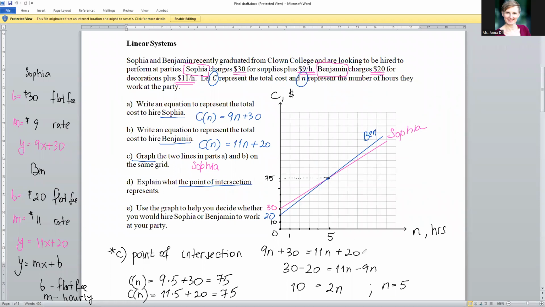And very soon they intersect because we found the point of intersection. Point of intersection, 5, 75. And now the meaning, what the point of intersection represents. So let's see.